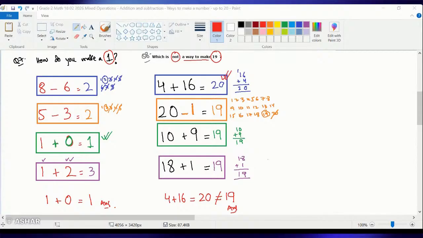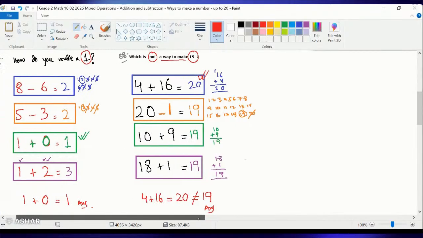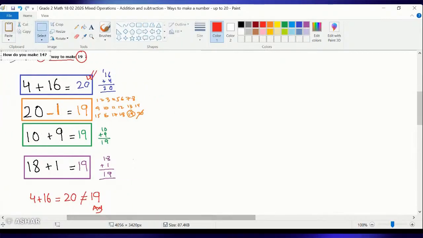Okay. How do you make a 14? For the next question, it says, how do you make 14? This is question number 9.